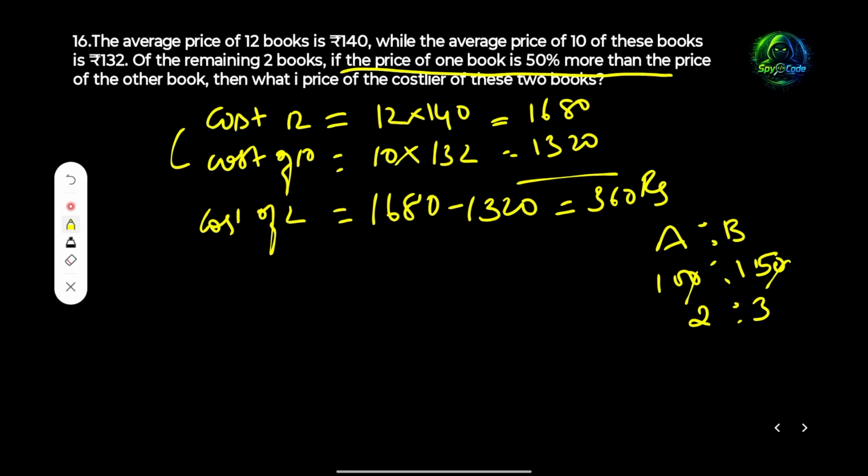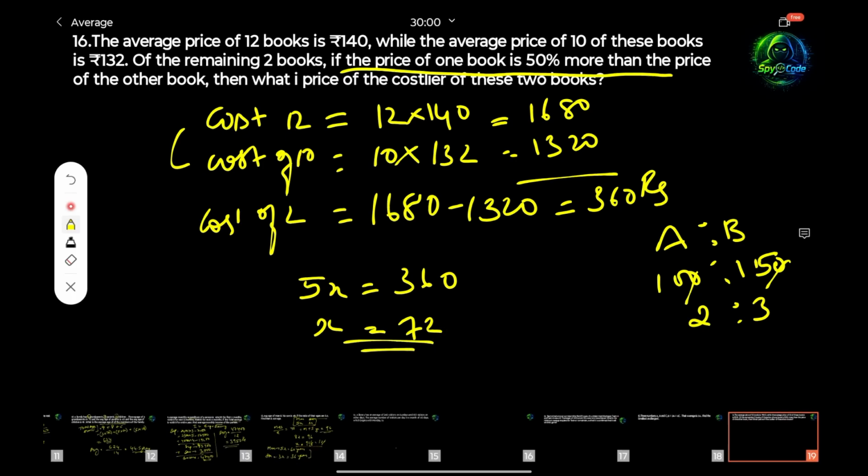This is the ratio of 2 is to 3. So 5x is equal to 360 rupees. So x is 72.